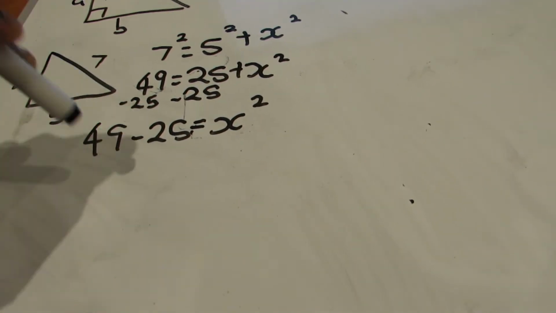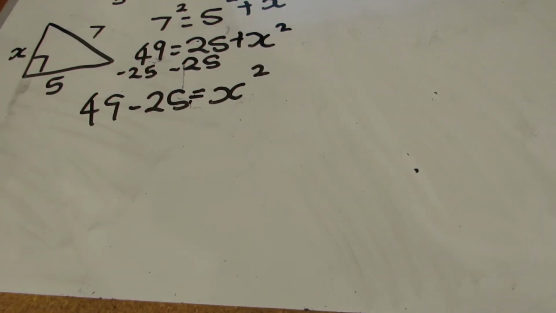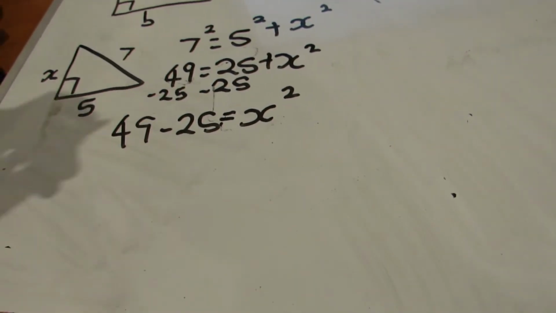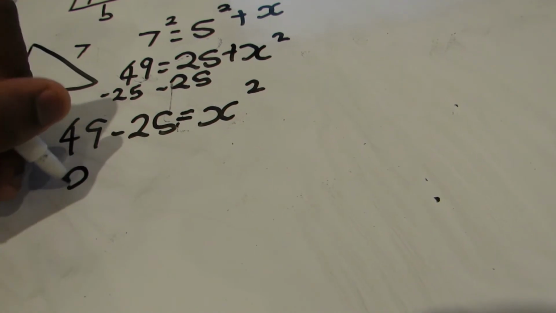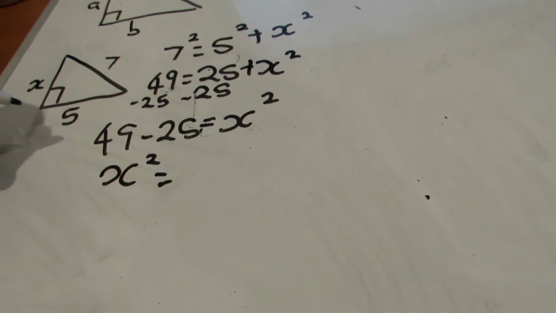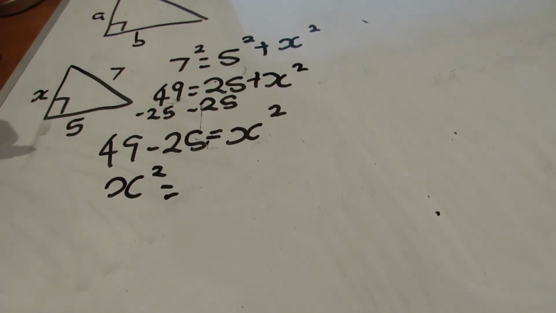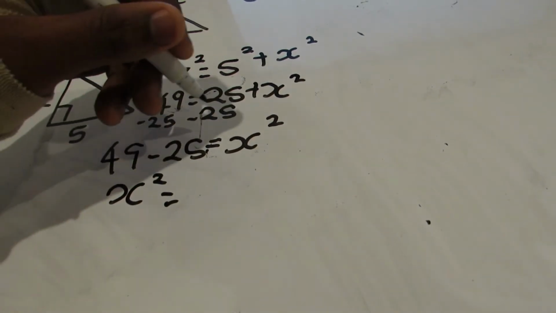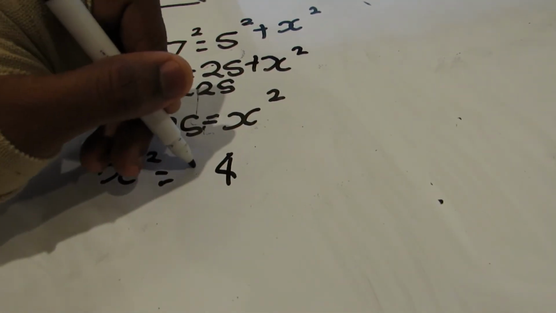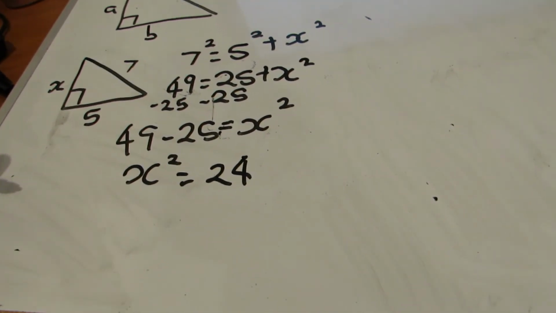Alright, so after we do that, you solve for the minus, but you can also flip it around to make it easy to read. So we get x squared equals 49 minus 25. That's 24.